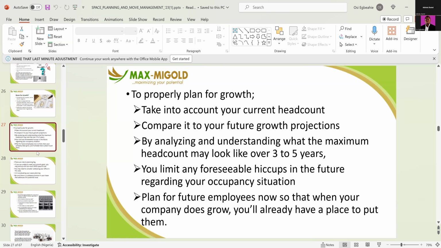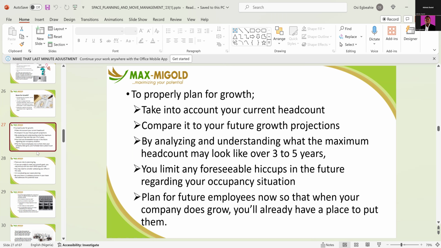And then, to properly plan for growth, take into account your current headcount, and compare it to your future growth projections by analyzing and understanding what the maximum headcount may look like in the next 3 to 5 years.